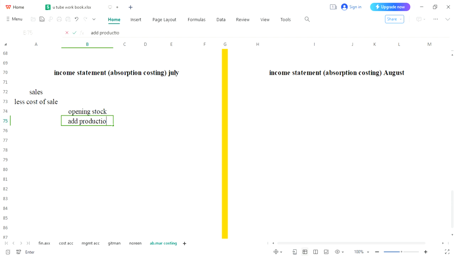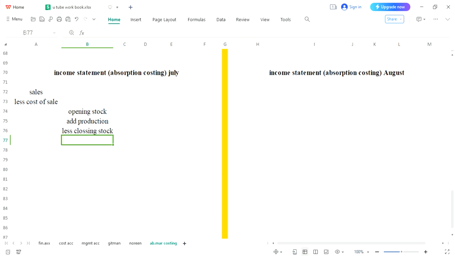Again, listen. What we usually do is add purchase over here. But instead of adding purchase, from now on we will be using production cost, and then you will subtract your closing stock over here.